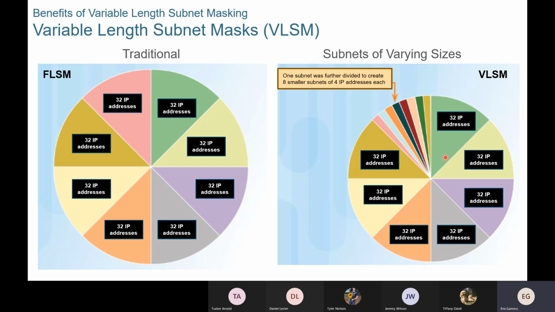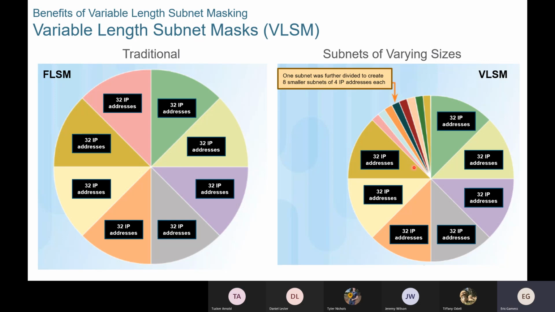If you look here, we create a subnet of 32 IP addresses in total. This one also has 32, this one 32, 32, 32, 32, 32. But here, we create a subnetwork of 4 IP addresses. So as you can see, the subnetworks that we are creating do not have the same size. So I'm free now to create subnets of different sizes.